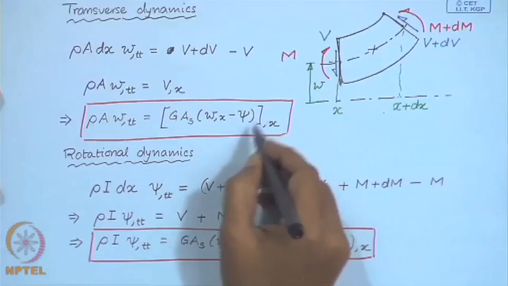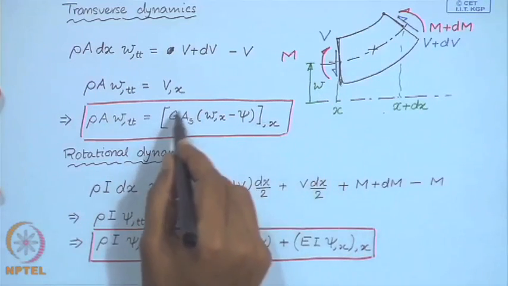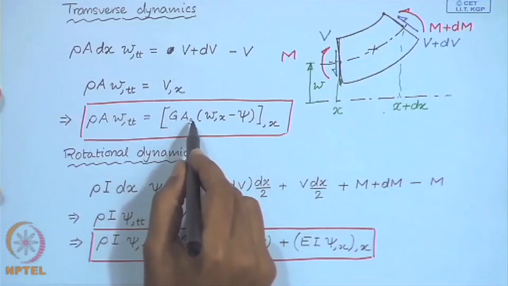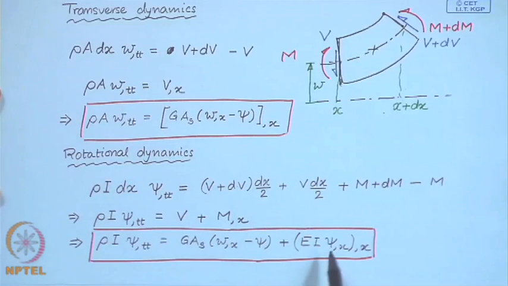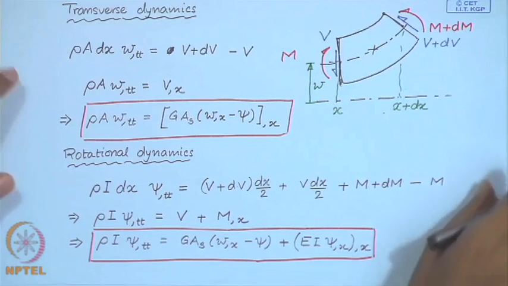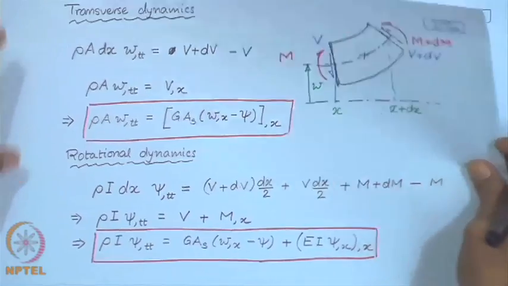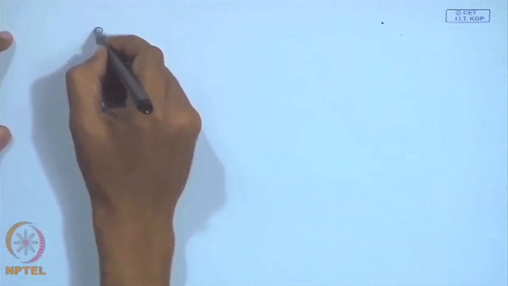Here in general this area of cross section can be a function of x. Similarly, the second moment of the area can be a function of x for a beam with varying cross section. For a beam of uniform cross section, these equations will of course simplify.